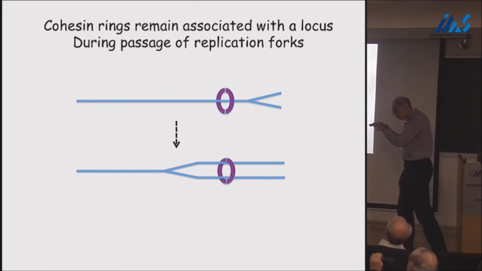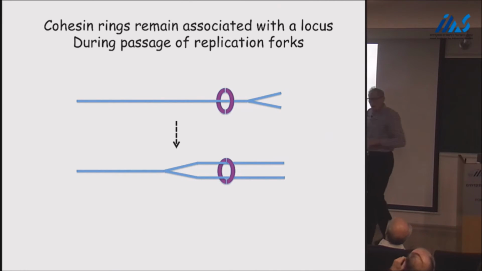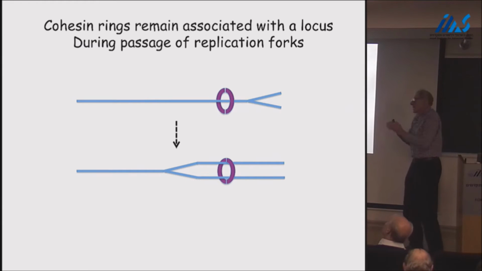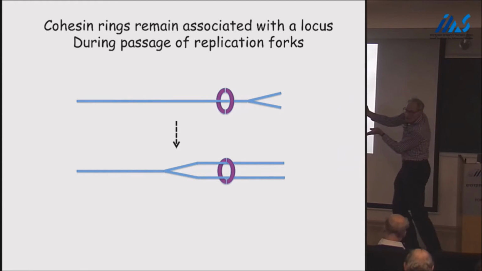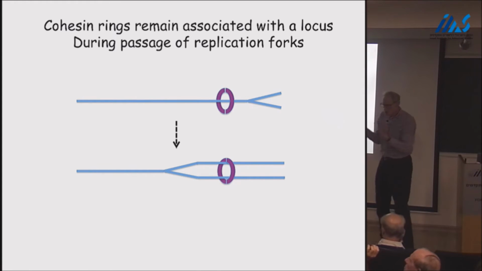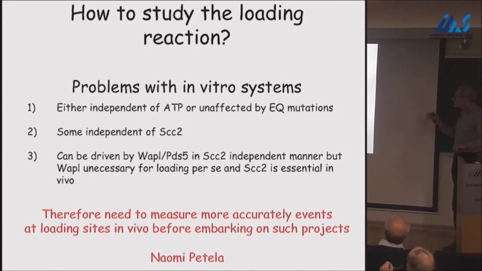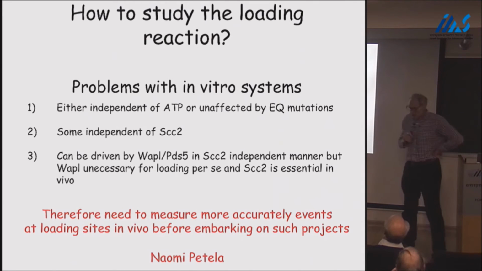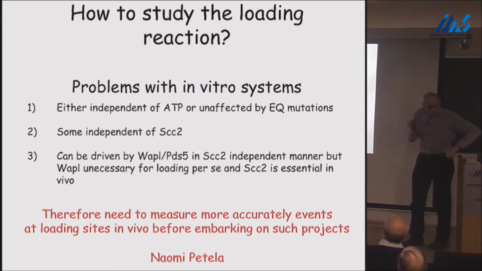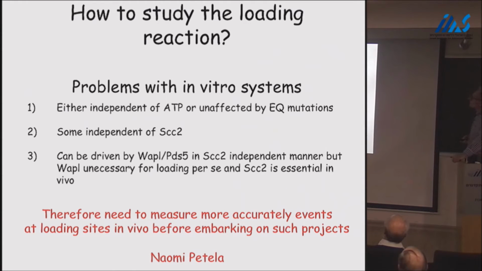Does the fork go through it, or does it somehow open up but not let go? I don't know. The single molecule experiments are going to take a little while. It's a very interesting question. But at least we've defined the nature of the problem. So that's a large fraction of James's PhD thesis. But it's a very nice and very simple experiment.